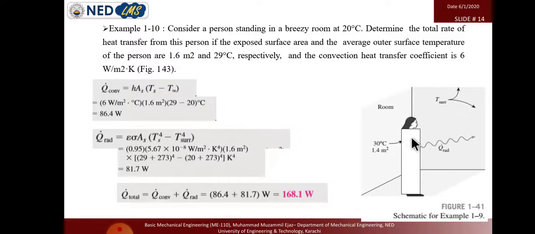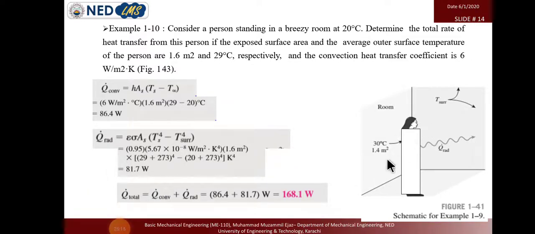The person is standing over here, the parameters are given over here. Now we have to calculate both convection and radiation. I've just taken the picture from the previous numerical, but the parameters are 29 and 1.4. So the person is losing heat through radiation as well as convection to the surrounding air in contact with the surface of the person.